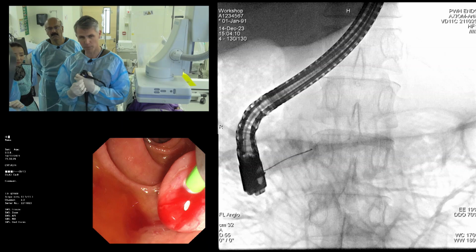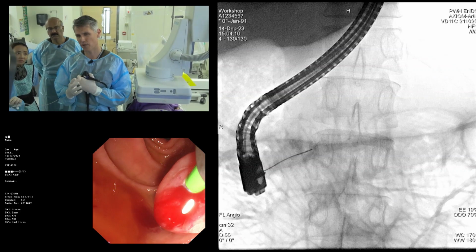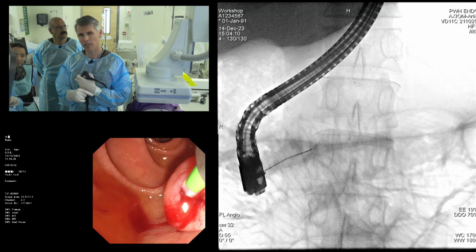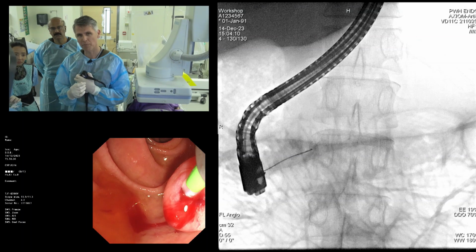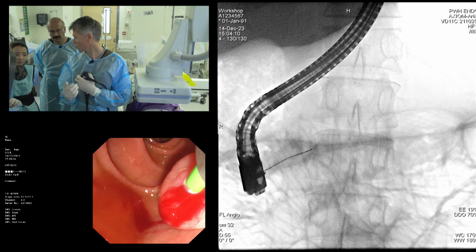That could be possible technically, but it's very unlikely that we can pass in an antegrade fashion into the duodenum because of the impacted stone. Then the next option would be to send the patient to surgery, of course.